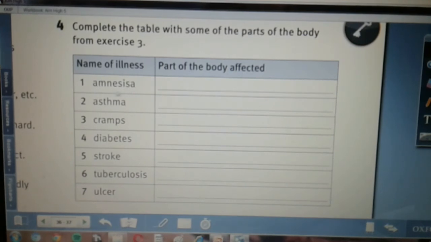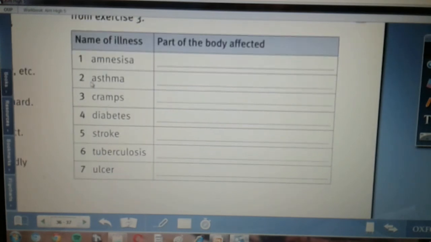So what part of body is affected if we got amnesia? It is brain. Yeah, your brain doesn't work well if you got amnesia. So yeah, please find out the rest of the answers here.